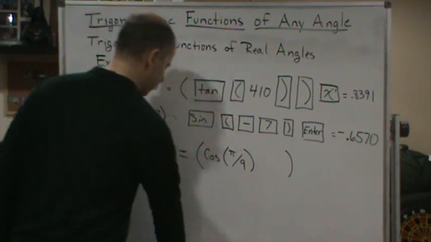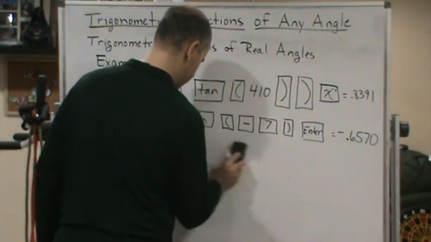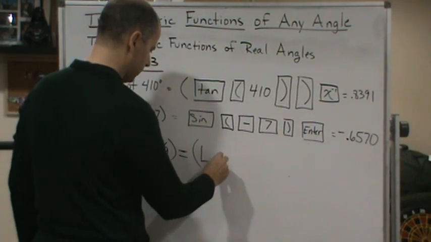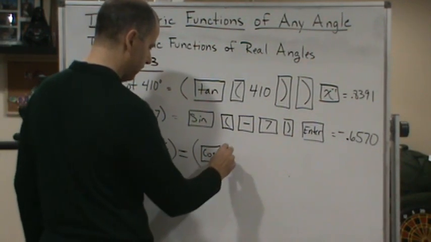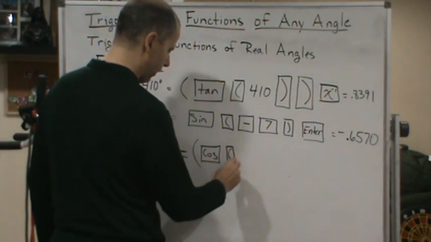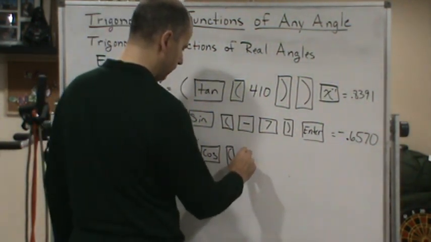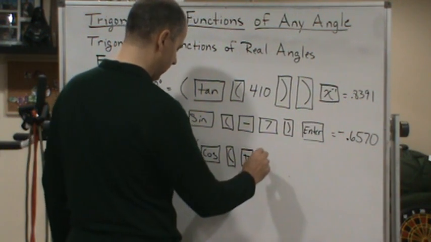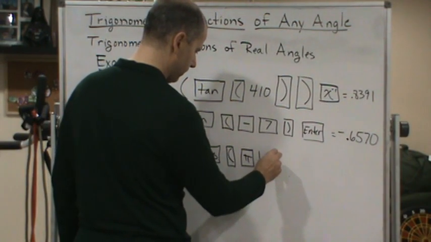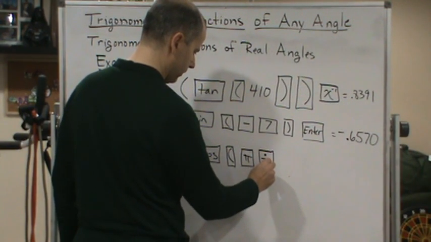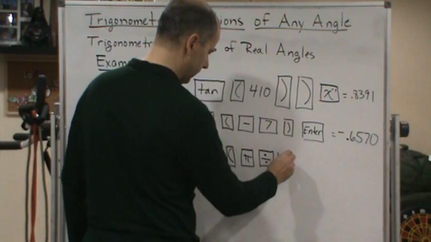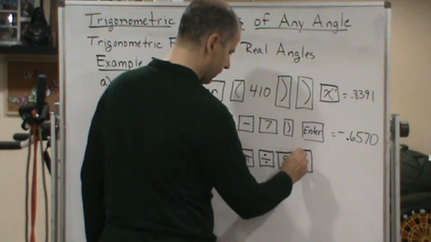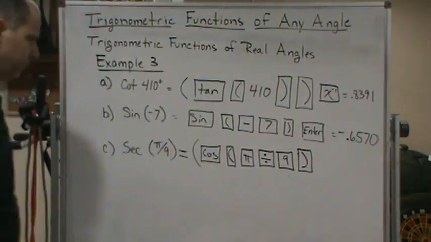Let me spell it out just in case people get confused. We're going to use the cosine key, followed by the open parenthesis, followed by the pi key, followed by the division key, followed by the 9 key, and then followed by the end parenthesis.